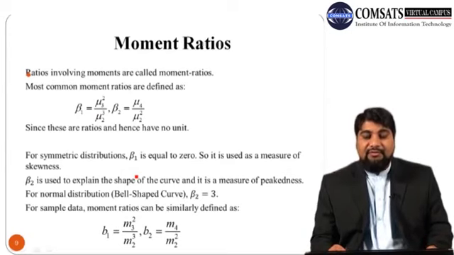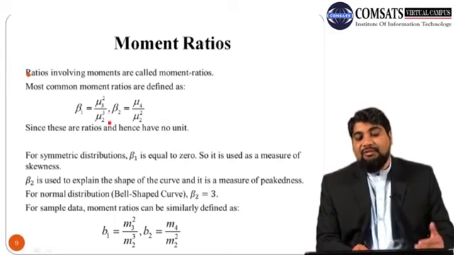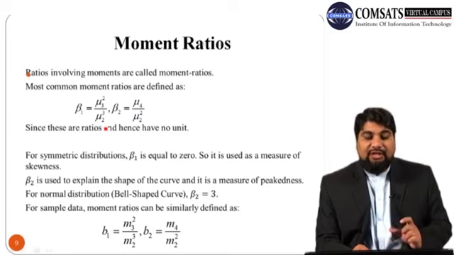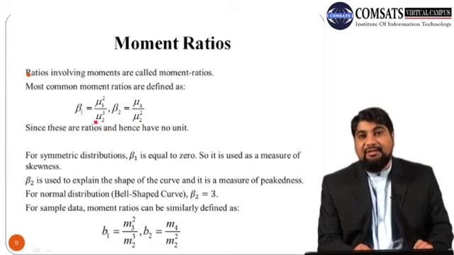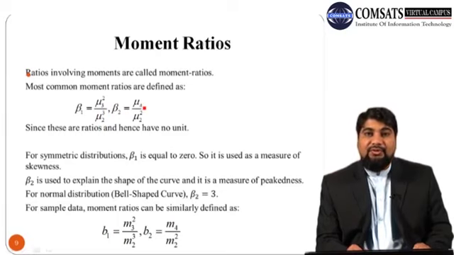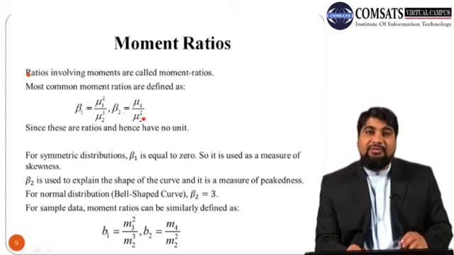Now come to the moment ratios. Ratios involving moments are called moment ratios. The most common moment ratios are two in number. The first one is called beta 1, which is mu3 square divided by mu2 cube, and the second moment ratio is beta 2, which is mu4 divided by mu2 square. Note that here mu2, mu3, mu4 are the population moments about mean.